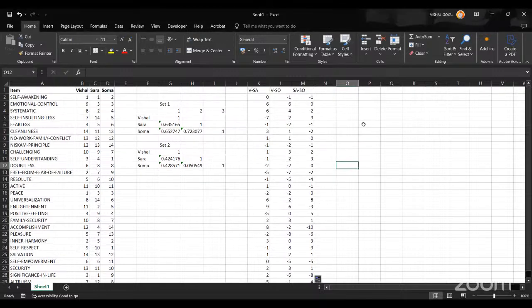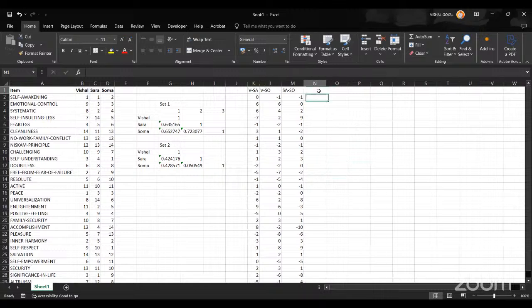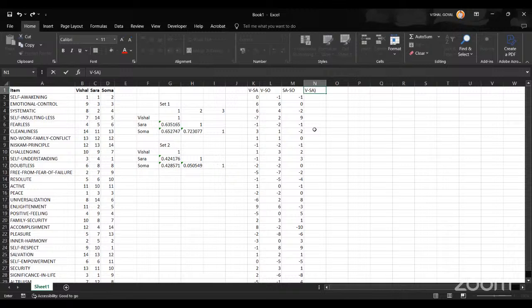Now you go to the N1. You write down V minus SA, square. So just write down 2. SA 2.